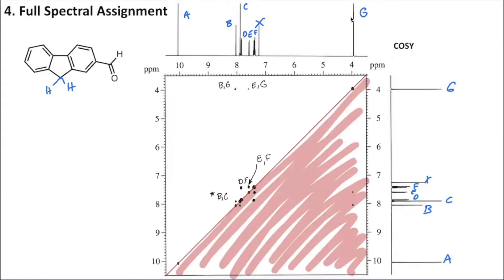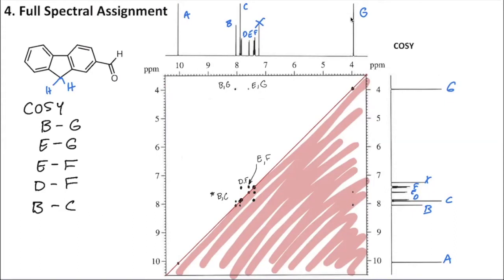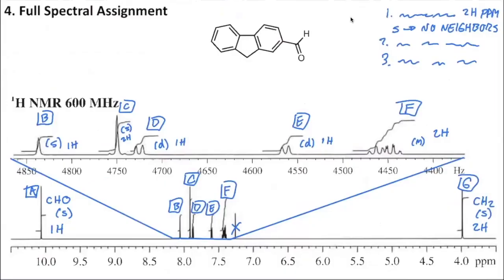What I can do is just on the side here, write that B correlates to G, E correlates to G, E correlates to F, D correlates to F, and B correlates to C. And now that I have this COSY information, we can take that small annotation and copy it so we can put it somewhere on our proton page, and just keep it in mind for when we're thinking about what possibly correlates to what else. It's a little crooked, but I think we'll leave it there for now.